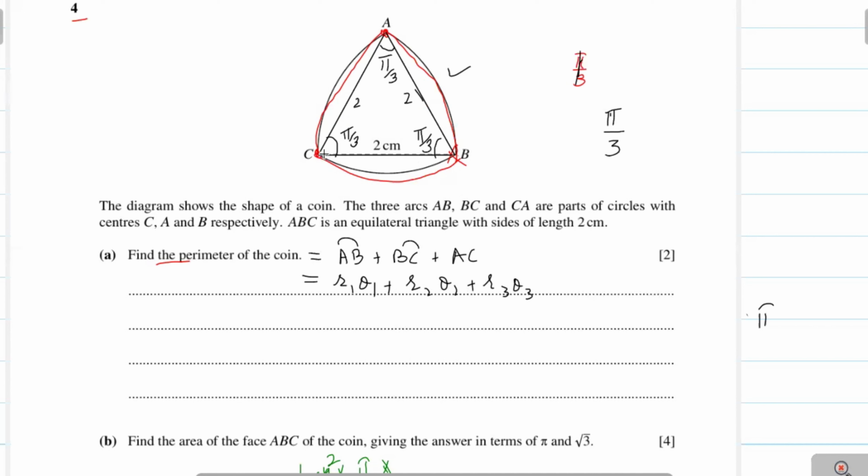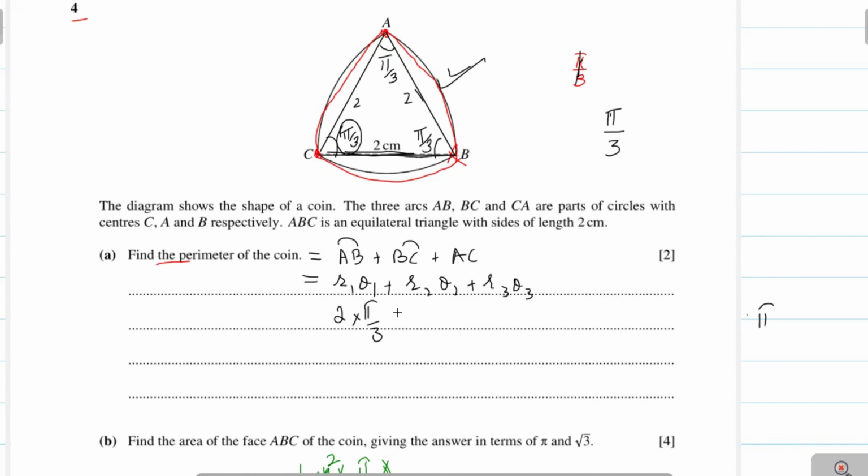You see here the radius of arc length AB is CB, which is 2 centimeters, and the angle of this arc length AB is pi over 3.